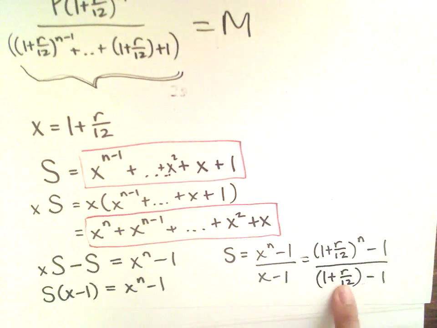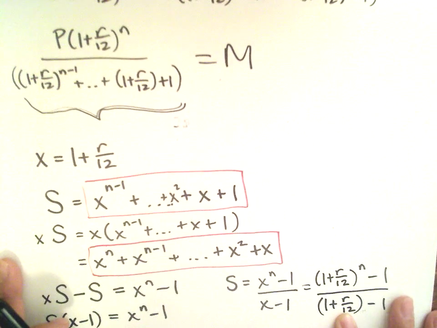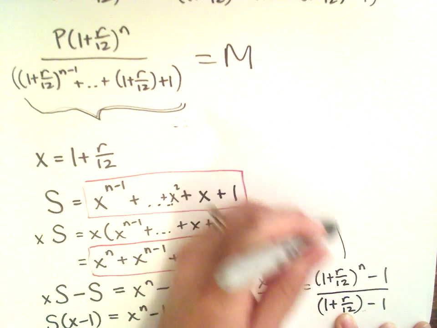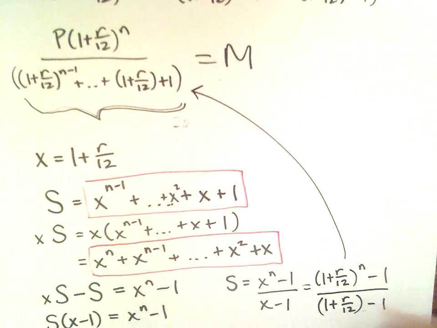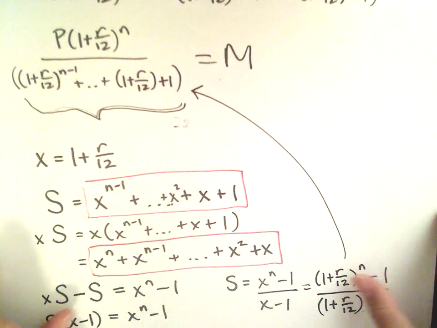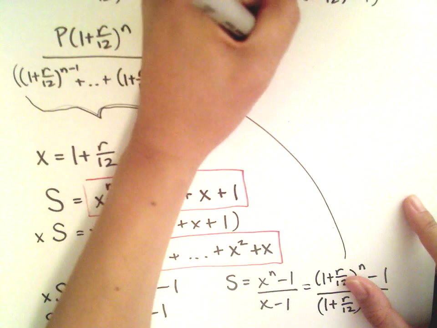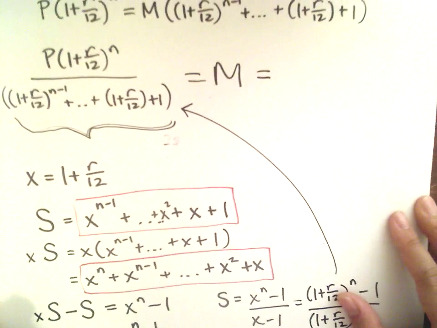Okay, and so this is what we are going to substitute in up here, because they equal the same thing. Okay, so in doing that, I'm going to write it on the other side of this m.